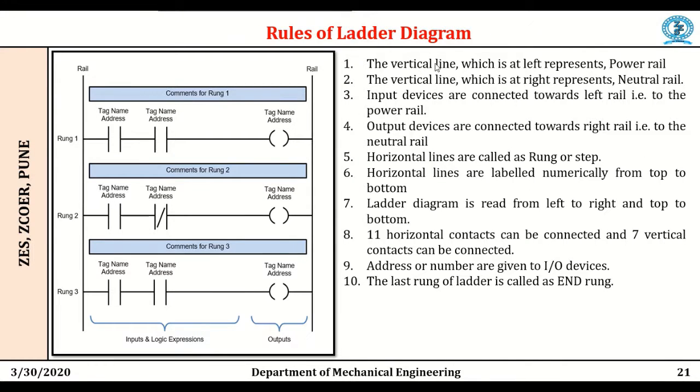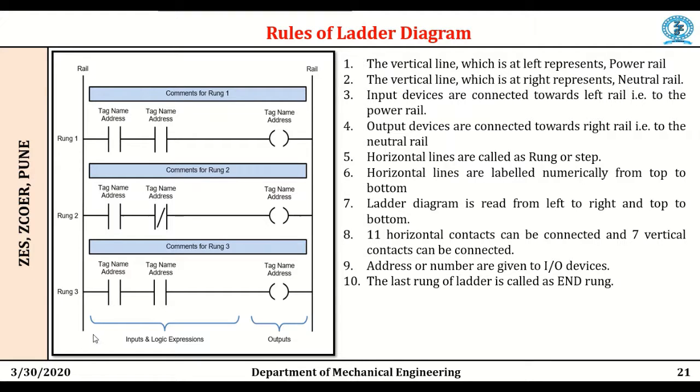In the ladder diagram, the vertical lines are the rails. The left rail represents the power rail, and the vertical line on the right side represents the neutral rail. The horizontal line, as we know, is called a rung or step. It is labeled numerically from top to bottom, that is rung 1, rung 2, rung 3.